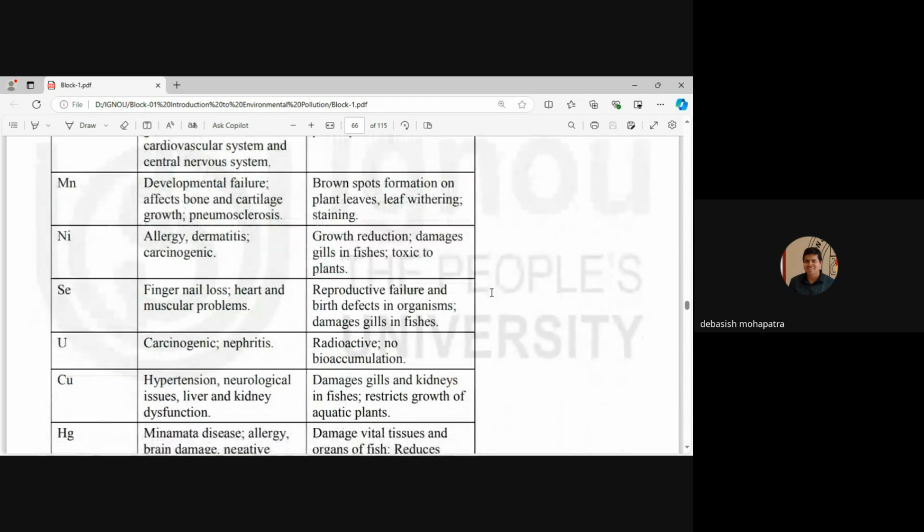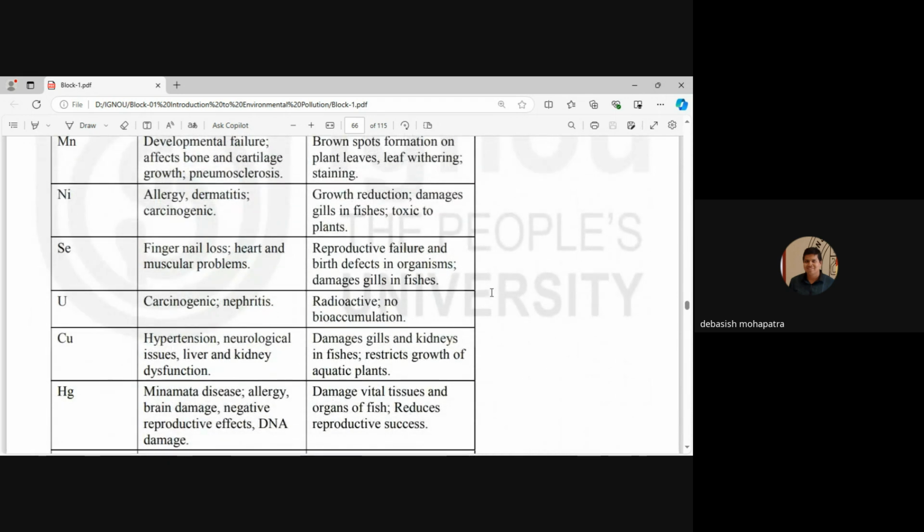Then nickel: allergy, dermatitis, growth reduction, damage to gills in fishes, toxic to plants. Selenium: fingernail loss, heart and muscle problems, reproductive failure and birth defects in organisms, damage to gills in fishes. Then uranium: carcinogenic and nephritis, radioactive, no bioaccumulation.